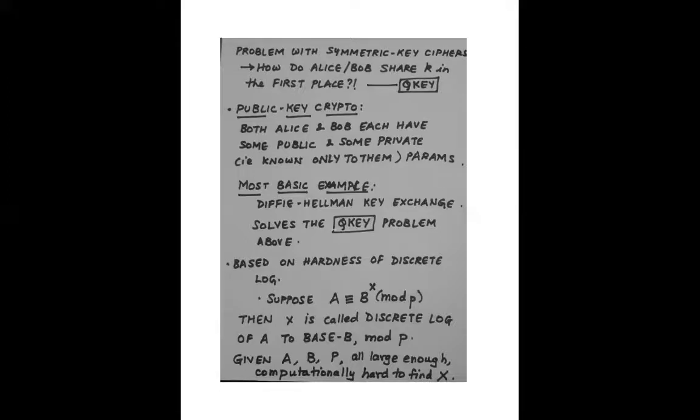So that's called the discrete log, and it's known that finding the discrete log is hard. In other words, if you're given a, b, and p all large enough, it's computationally hard to find x. When I say it's computationally hard, the best known algorithm is still exponential in the number of bits that are used to represent these numbers.